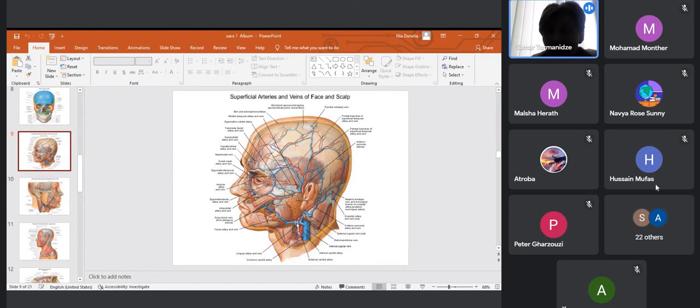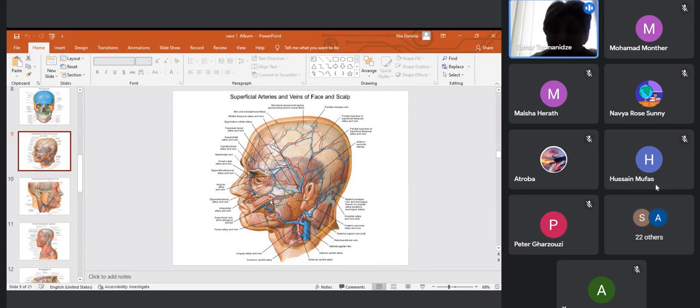When the external carotid artery leaves the carotid triangle, it passes into the parotid gland, and in the parotid gland it gives off the last branch, which is the superficial temporal artery, which crosses the zygomatic arch, enters the temporal region and supplies the superficial tissues of the temporal region.